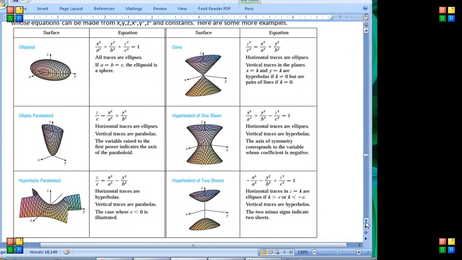There we go. So we've got the ellipsoid, which we already looked at, and then here are some other ones. We've got an elliptic paraboloid, where it's kind of like a paraboloid, except the z traces are ellipses instead of circles.